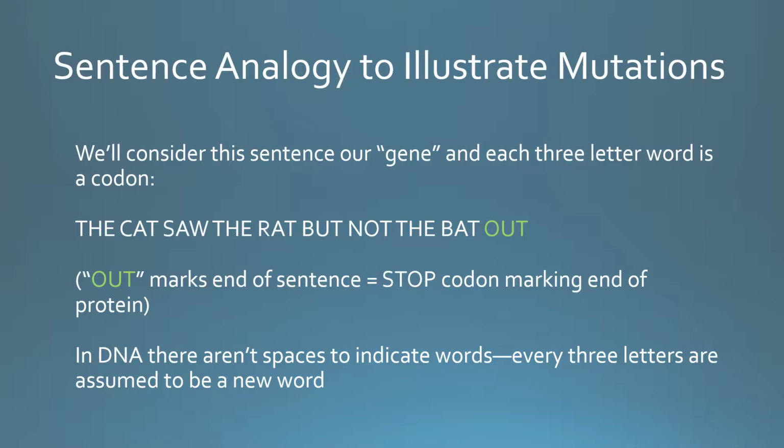So the base sentence without any changes or mistakes is: the cat saw the rat but not the bat, and then it ends with an out, which is our code word for the end of the sentence.